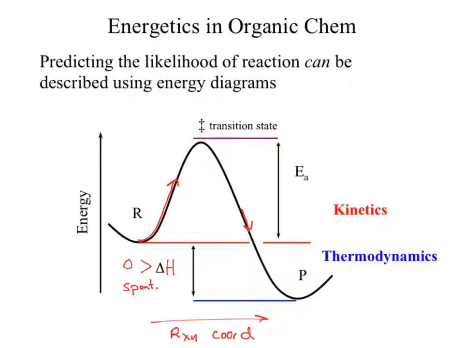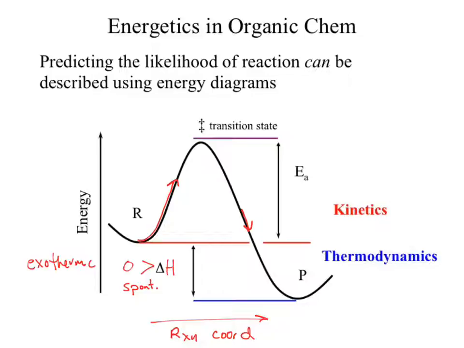So we can end up referring to that distance or that difference between our reactants and our products as delta H, which then allows us to draw some other conclusions, like this reaction being exothermic. I don't know why I erased that. It is still less than 0.